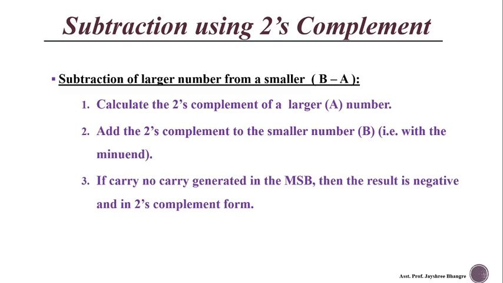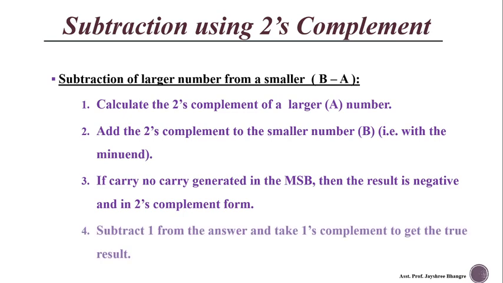Now see, if no carry is generated from the MSB, then the result is negative and in 2's complement form. So to get the true answer, we have to subtract 1 from that answer and take the 1's complement to get the true result. That means we perform the opposite procedure of the 2's complement to get the true answer.